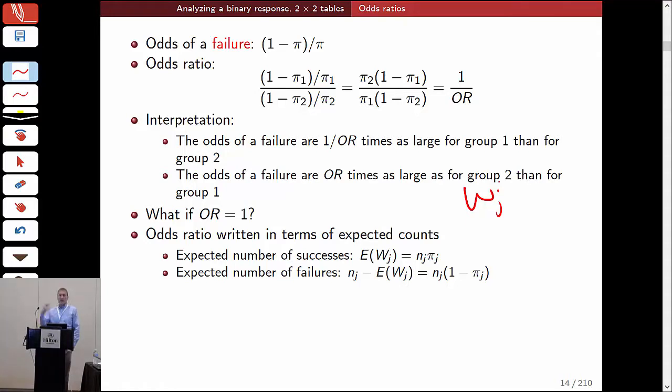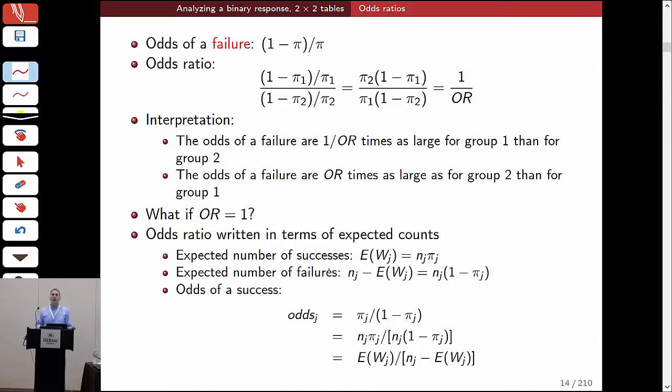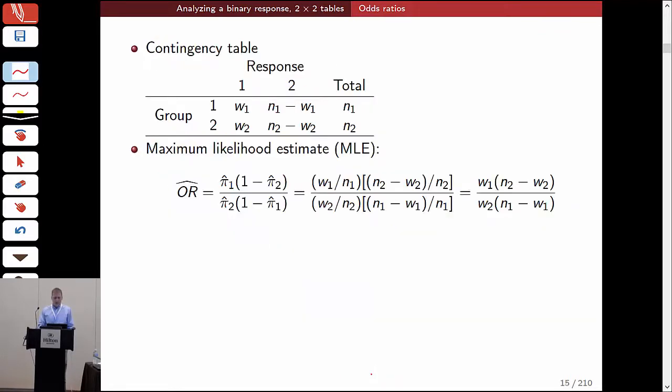And so that's a binomial count, and so the expected count would be number of trials times the probability of success on each trial. So n sub j times pi sub j. Then the expected number of failures would be then just n sub j times 1 minus pi sub j. And if you go through some math, one can actually show that the odds can be represented in terms of these expected counts. This will come up a little bit later when Tom does some stuff in section 5.